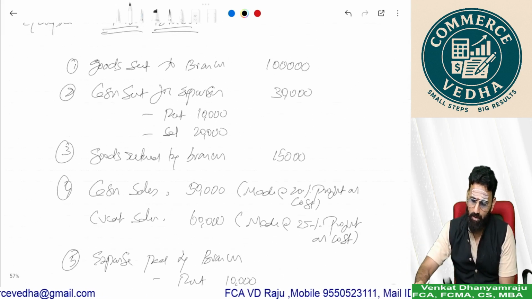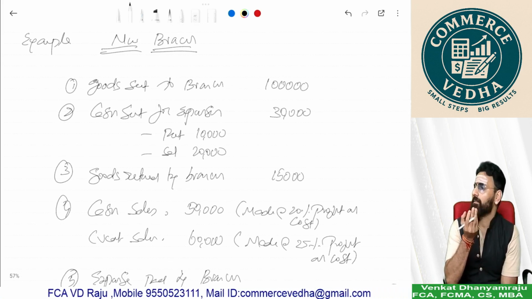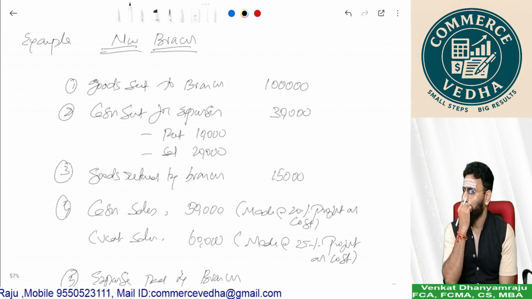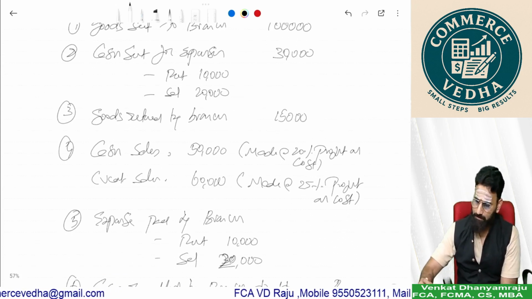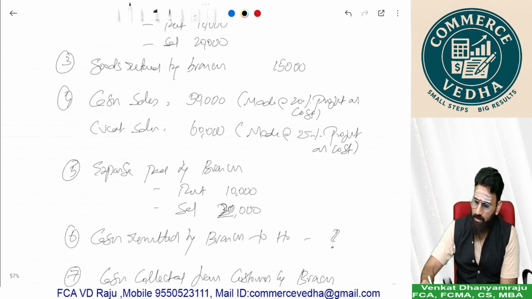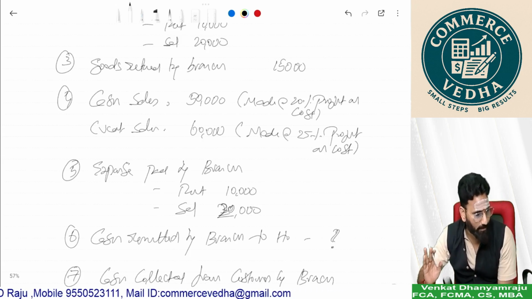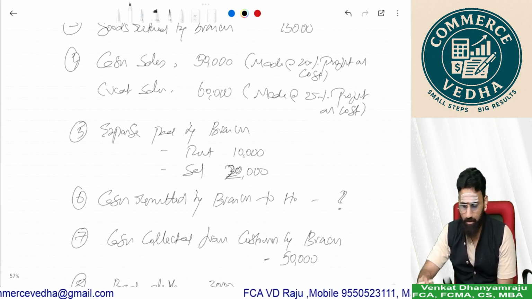Assume. What is this? Goods sent to branch 1 lakh, cash sent for expenses 30,000, goods returned by branch 15,000, cash sales 50,000, credit sales 60,000. These two are made at different profits, right? Expenses paid by branch 10,000, 20,000.